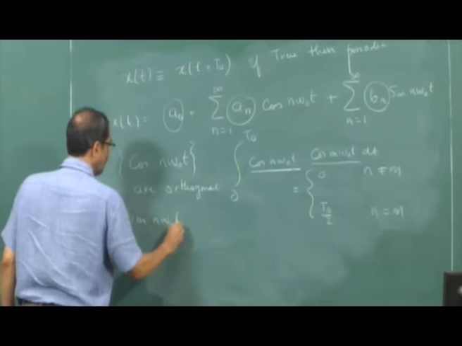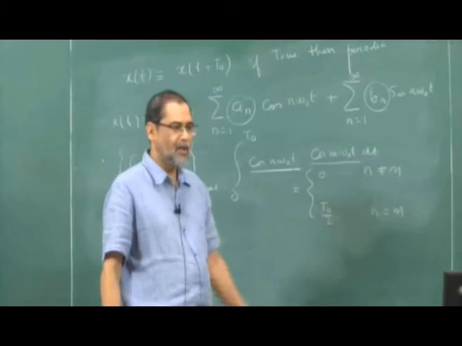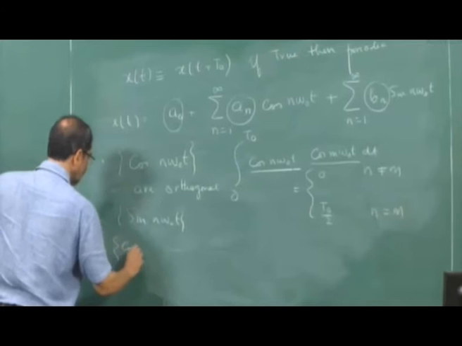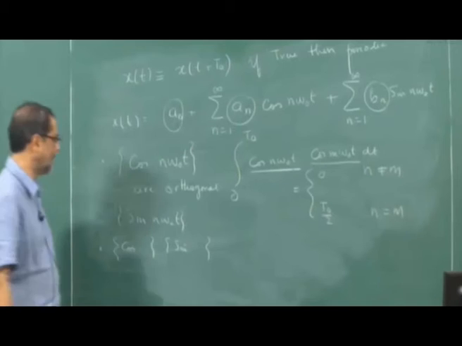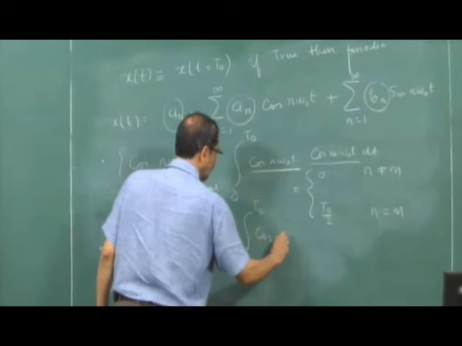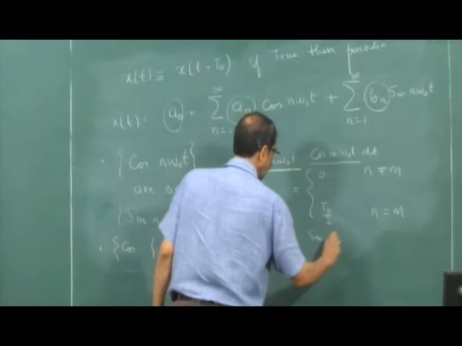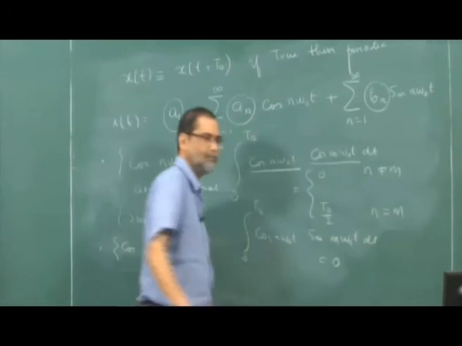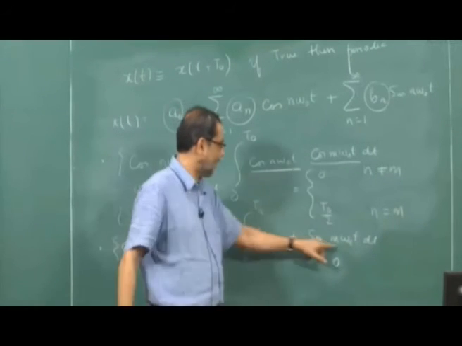Sine n omega naught t is also an orthogonal set. What is true for cosine is true for sine. Then another interesting property is that the set of cosine and sine functions are mutually orthogonal, meaning if I integrate cosine n omega naught t times sine m omega naught t dt, this will be 0 for all n and m, even when n and m are identical.